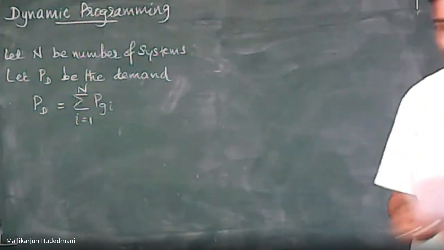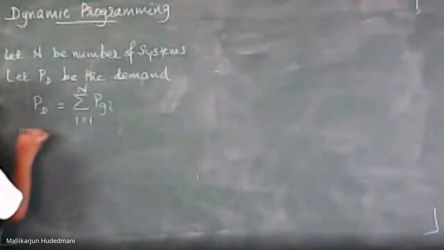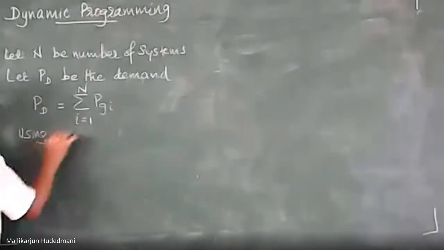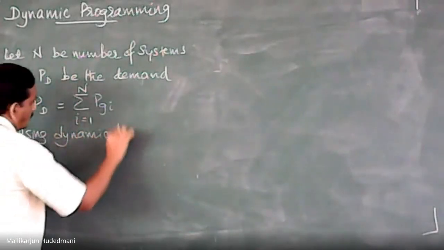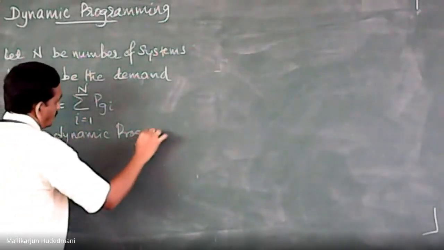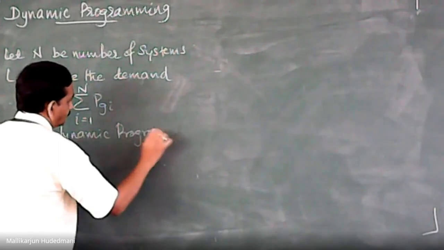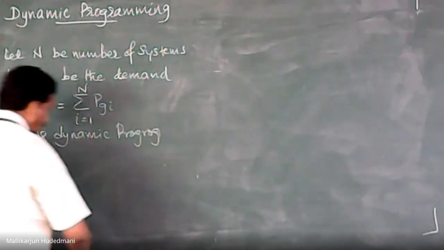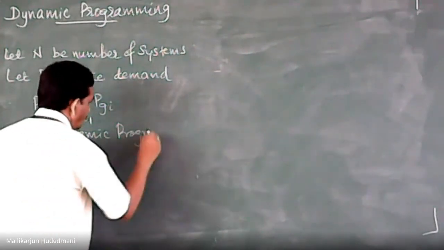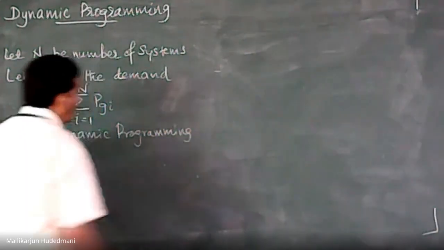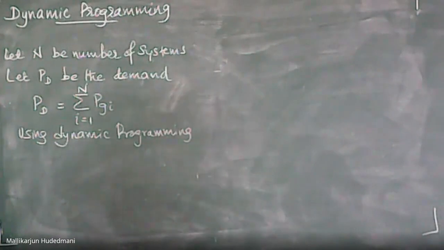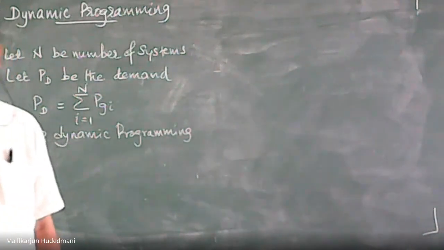Then using the dynamic programming method, how can it be written? The total demand PD is taken in such a way.